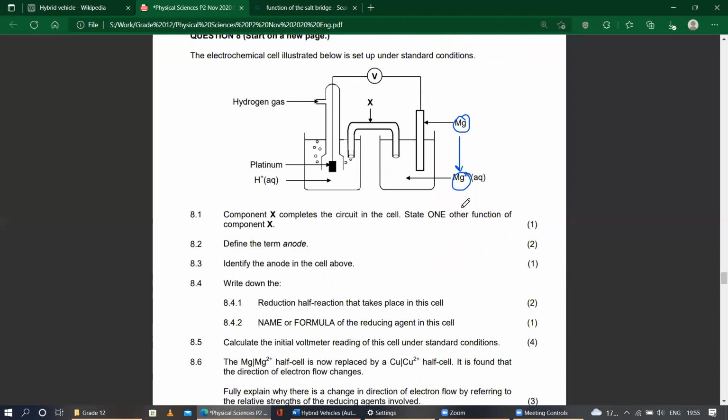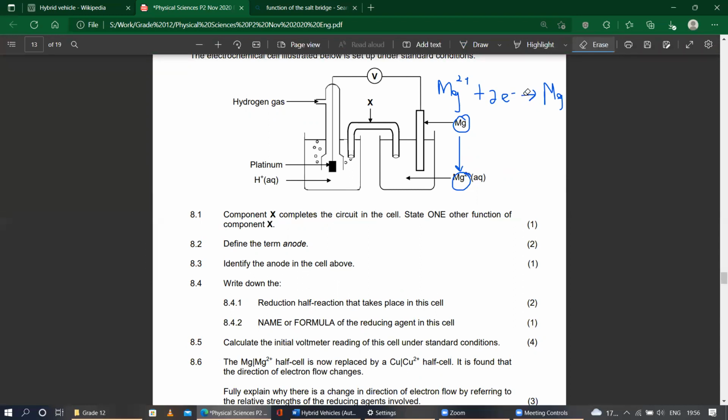But instead of writing it straightforward, because it's something like Mg2+ plus 2 electrons gives you Mg, instead of writing it like this, because this is your reduction half reaction, if it's going to be an oxidation half reaction, it's going to change from this to this.